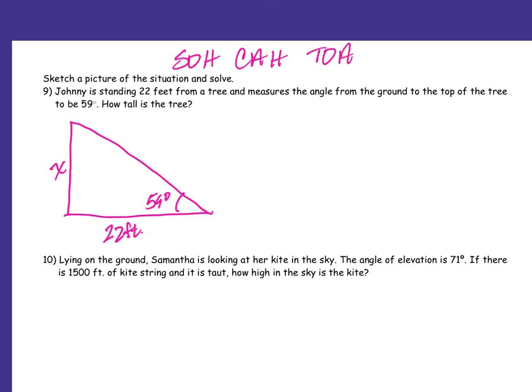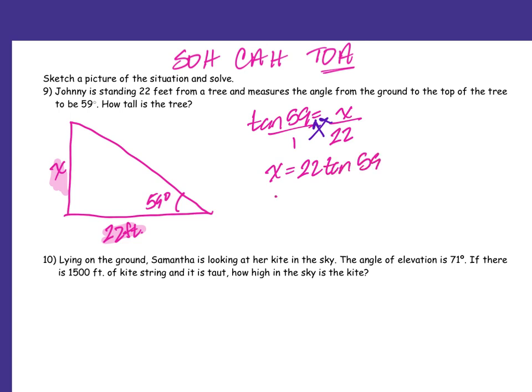So what 2 sides do I have? I have the side opposite and the side adjacent to that angle. So that would be opposite and adjacent, tangent. So tangent of 59 is going to equal x over 22. Cross multiply. X equals 22 tangent of 59.